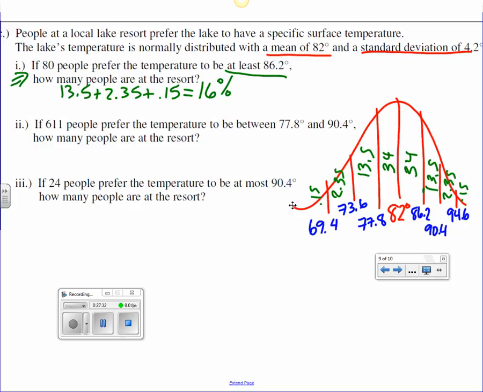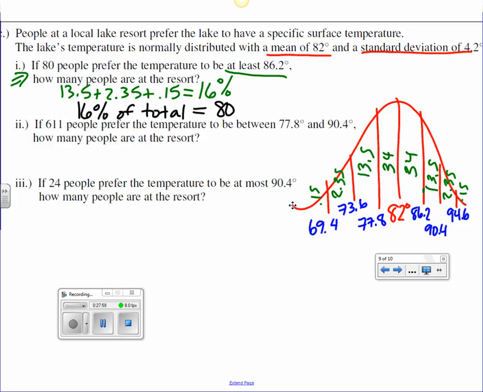So 16% of the total, 16% of whatever the total is going to give me 80. Let me say that again. So 80 people prefer it to be at least 86.2. Well, 80 we already figured out was 16%. So 16% of the total is 80, okay?